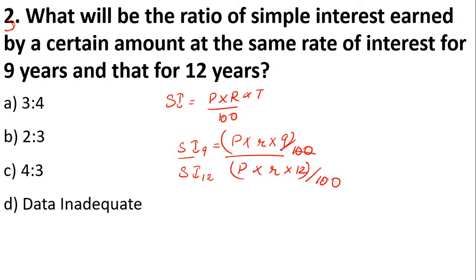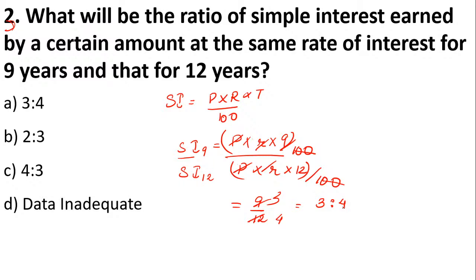Here this 100 cancels out with this 100. P cancels out with P, R with R. So what is remaining is 9 upon 12. 3 threes are, 3 fours are, 3 is to 4. Very simple. Got it? Yes, SI is directly proportional to time.